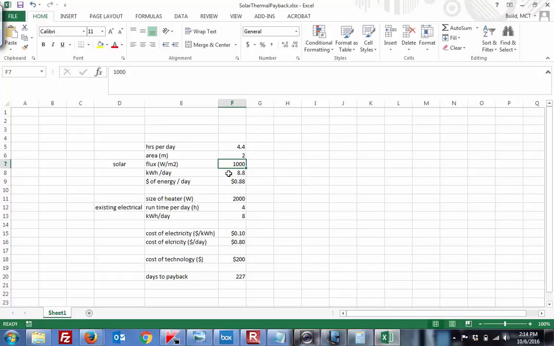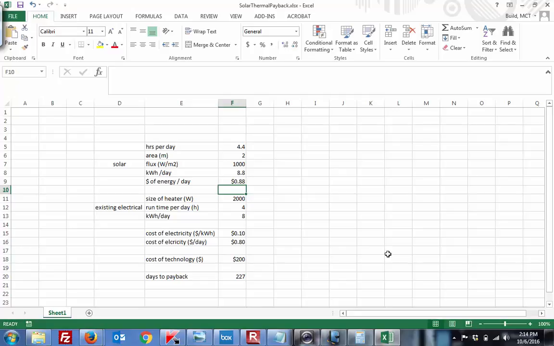per square meter. Multiply the 3 together like we just did. That's our kilowatt hours per day of solar thermal. So we're making 88 cents worth of heat per day. So what we've done, first of all, we've sized the system appropriately.